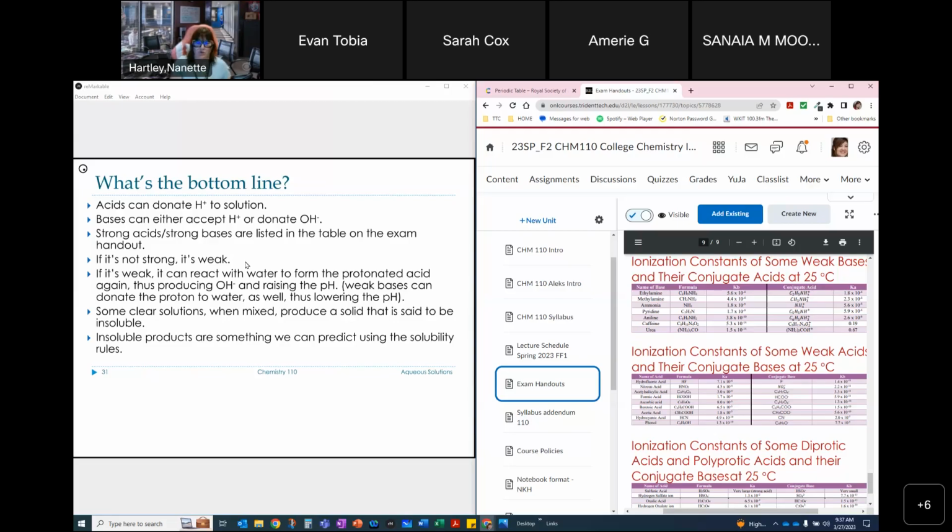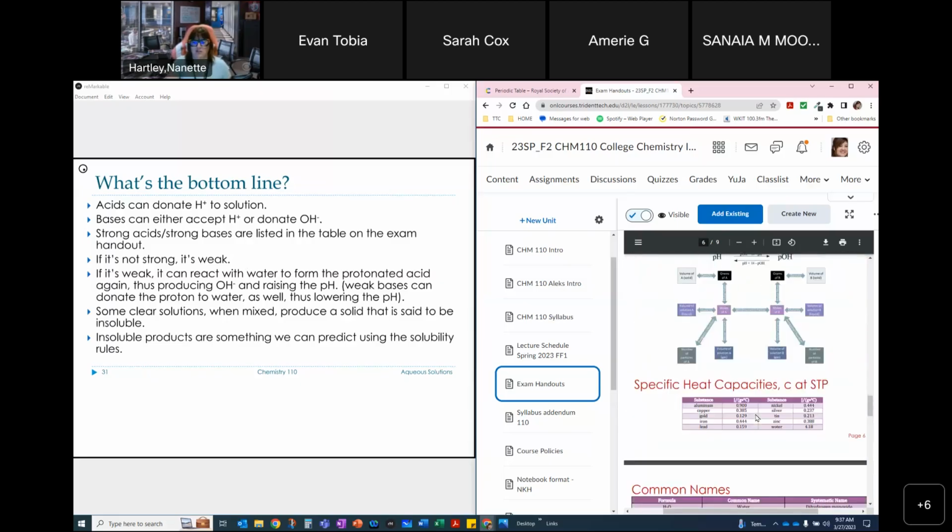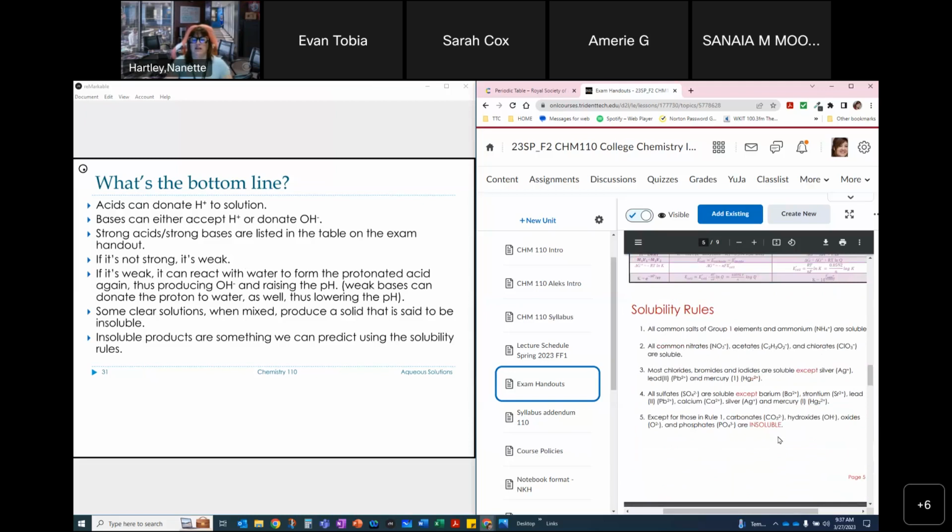Some clear solutions, when mixed, produce a solid that is said to be insoluble. And insoluble products are something that we can predict using the solubility rules. So, practice, yes, lots of it. Again, things that I would expect is that you can predict the products from a double displacement reaction. Tell me if all those products are soluble or not soluble.